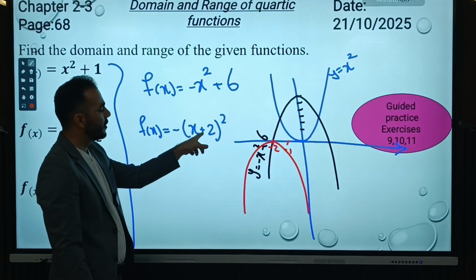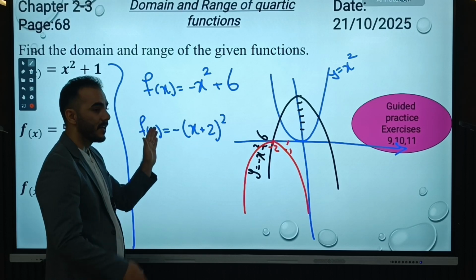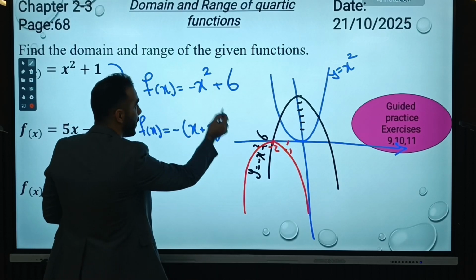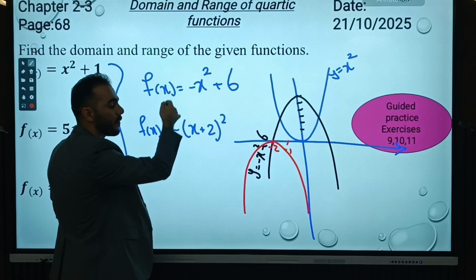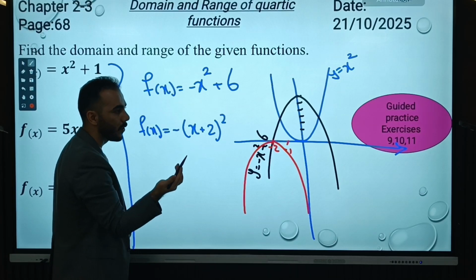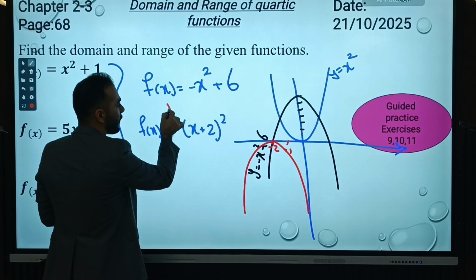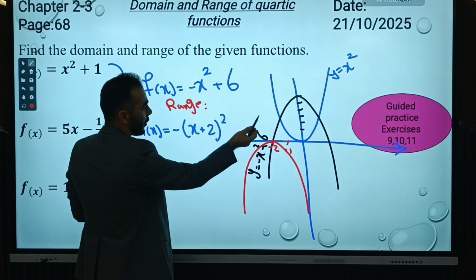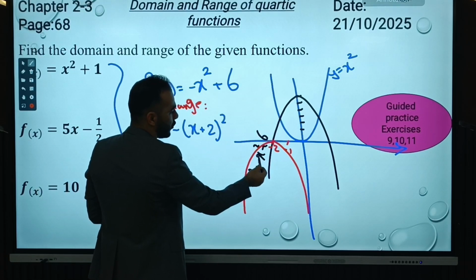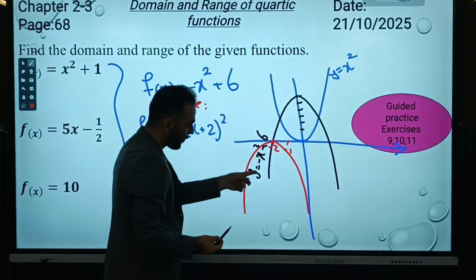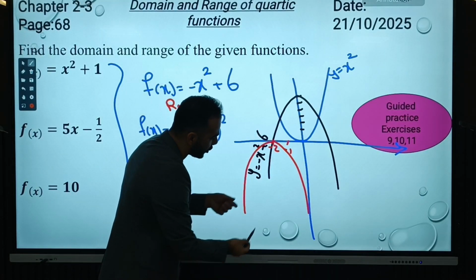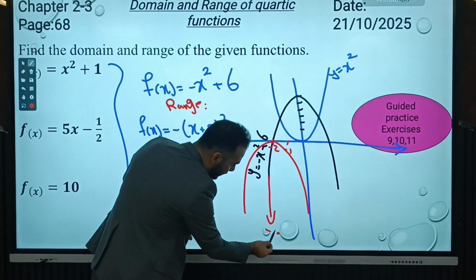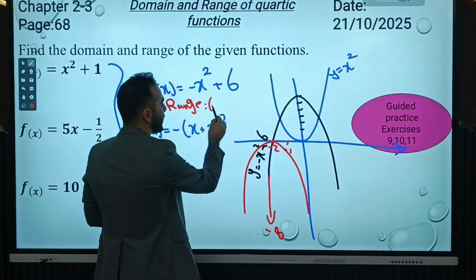So here the domain of both of them is all the real numbers. But the range for the first one, remember the black one, y equal to negative x squared plus 6, is from the lowest point, which goes to negative infinity, be careful, negative infinity, to the greatest point, which is positive 6.